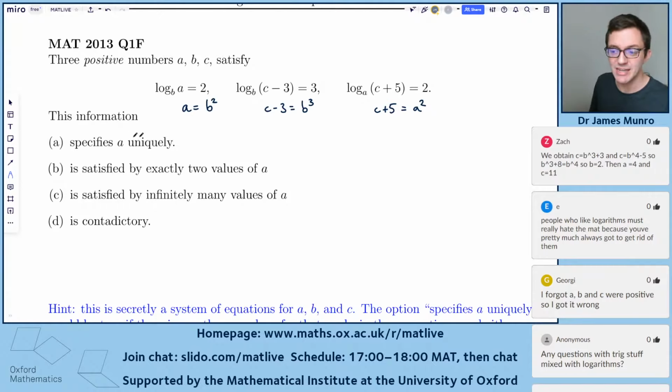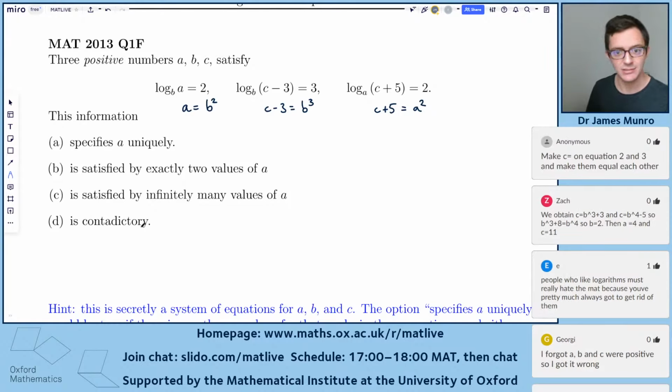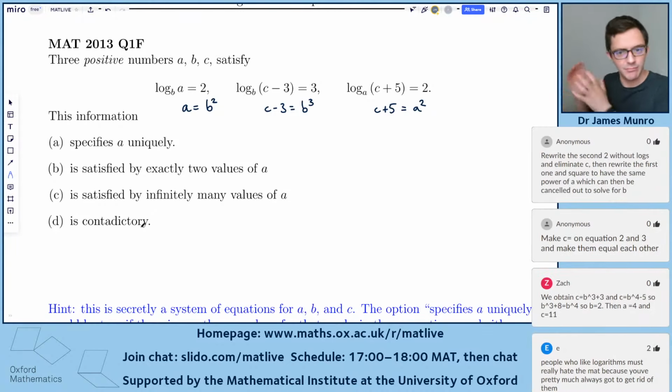So specifies a uniquely would be true if this system of three equations turns out to have exactly one solution for what the number a is, a unique solution. The next one, satisfied by infinitely many values of a, is easier to understand: it would be if there's a system of these equations where you could have a being lots of different things and still make it work with b and c, satisfying all the equations.